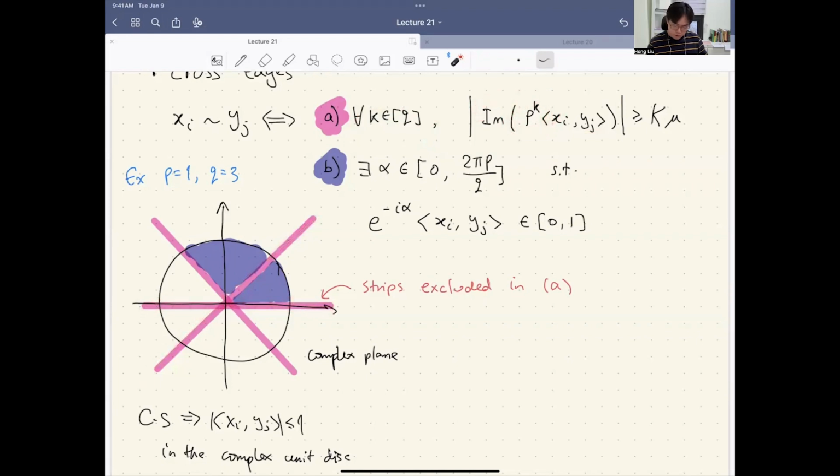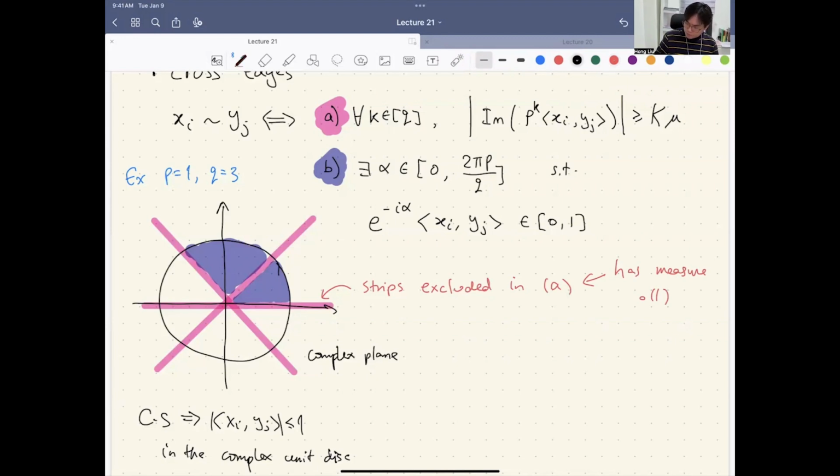Similarly, you cannot be too close to this rotation of the x-axis. We will see why this is useful. The part we scoop out has measure little o(1), so it's not affecting much of our density.